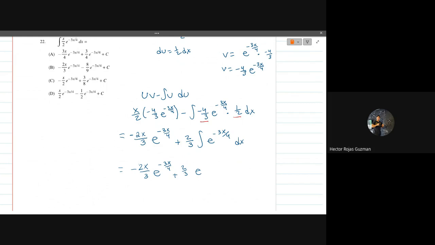So the antiderivative is itself times the reciprocal of the derivative plus c. And when you clean this up, we get negative 8 over 9 e to the negative 3x over 4 plus c. Let's take a look at our answers here. Looks like it's B.